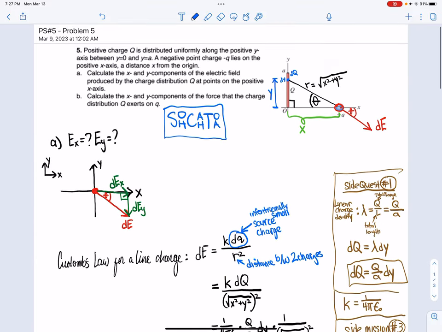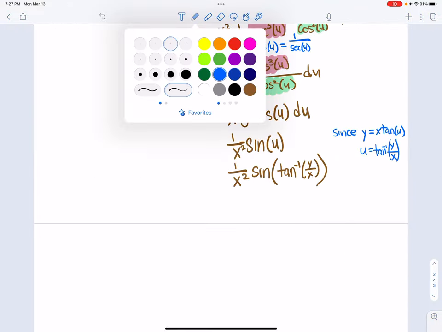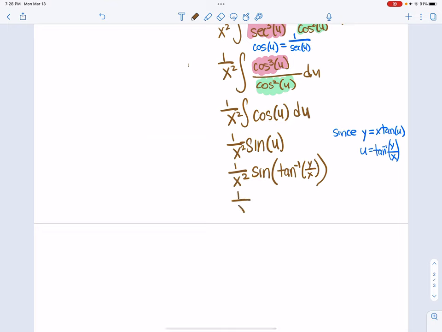If we go back up to this picture right here, tangent is opposite over adjacent, right? So the tangent of theta is y over x. So if the tangent of theta is y over x, then the inverse tangent of y over x is just theta, right? So I'm going to plug theta in here. So that becomes 1 over x squared sine of theta, right? Because that's what the value is for the inverse tangent of y over x.